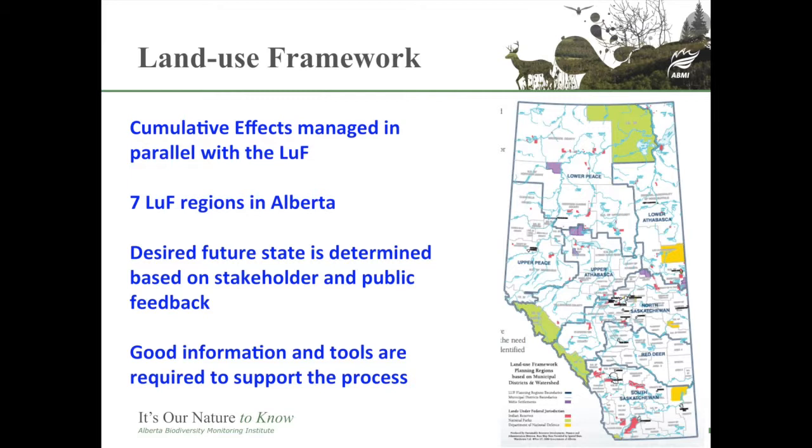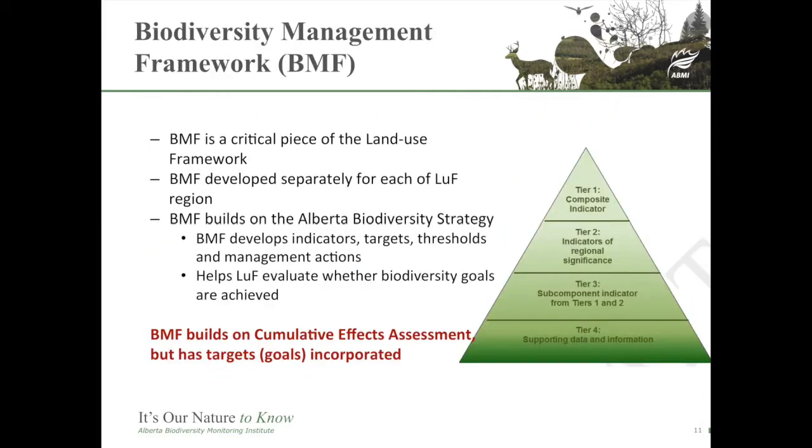What do we as society want to get from our 7 different regions? Many of the same things are shared amongst regions, but not everything is. In addition, folks recognize as part of this process that we need good information and good tools to manage to achieve those desired future conditions.